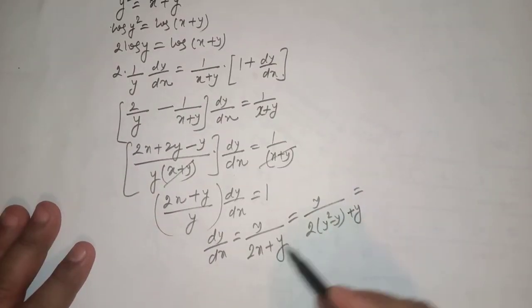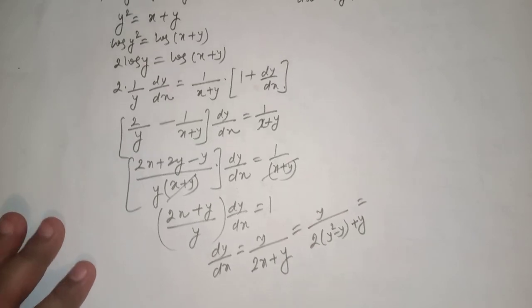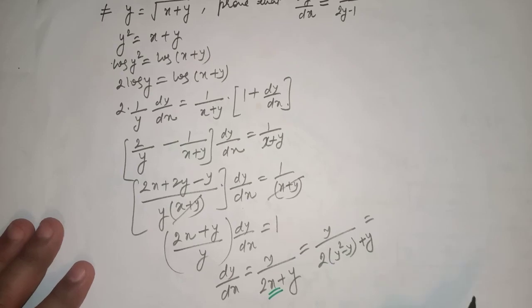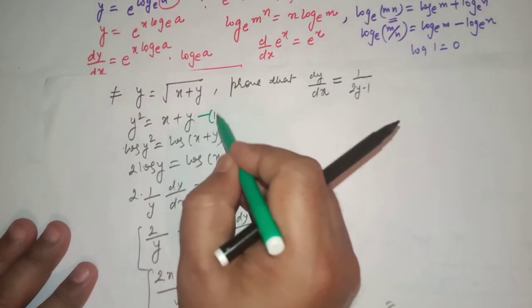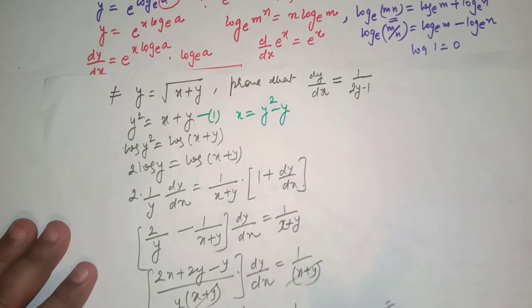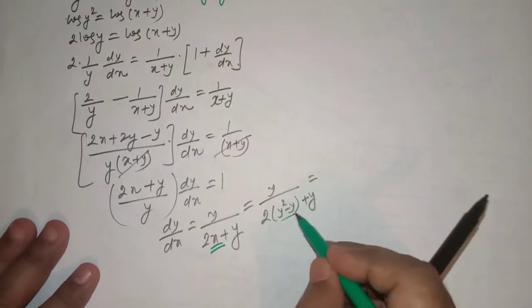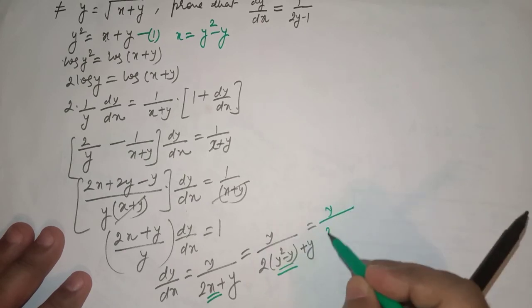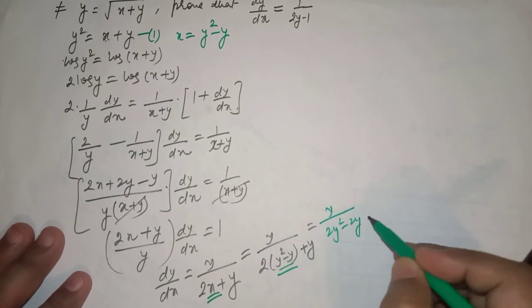Now we'll substitute the value of x. Here we'll substitute the value of x from this equation. See, from this equation x is y square minus y. So here we have substituted this value. Okay, so this is y over 2y square minus 2y plus y.